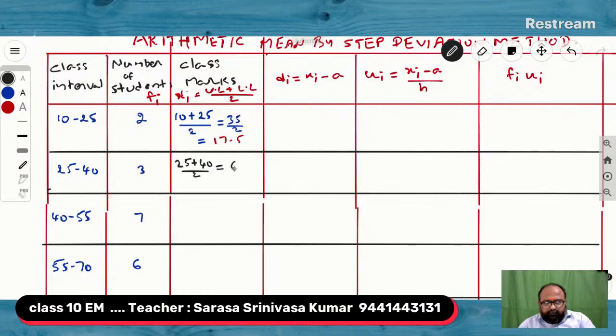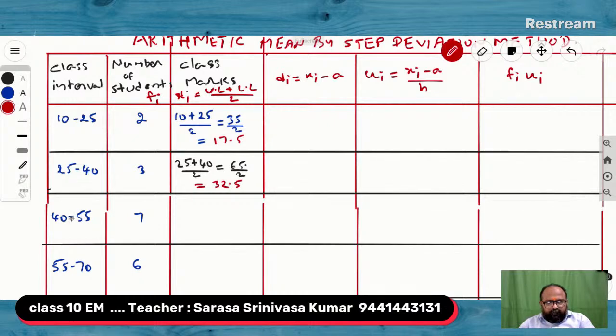This is equal to 65 by 2, which is equal to 32.5. So class marks for the interval 25 to 40 is 32.5.